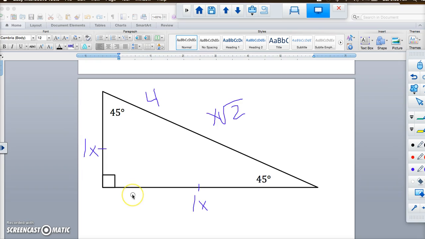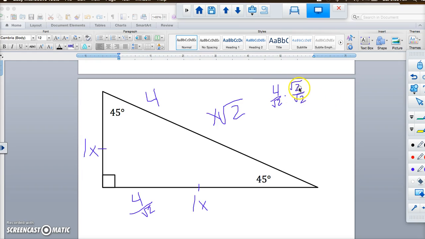then this side is going to be 4 divided by the square root of 2. And there again, you're going to have to rationalize the denominator. So you have 4 over the square root of 2 times square root of 2 over the square root of 2.